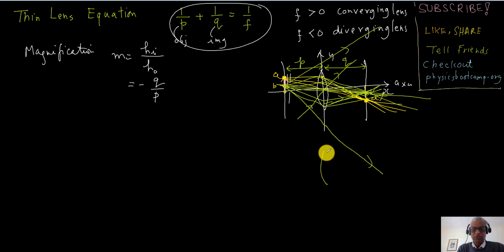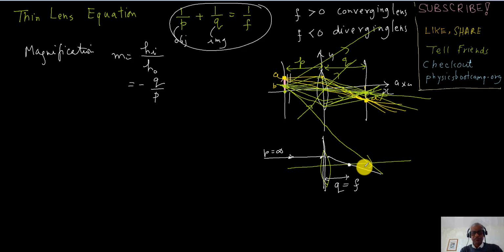If you took a ray that's very far away, after going through this lens, it's going to go through this point. So this is the p equals infinity ray. This distance q will equal, on the right side, the focal length of this lens.